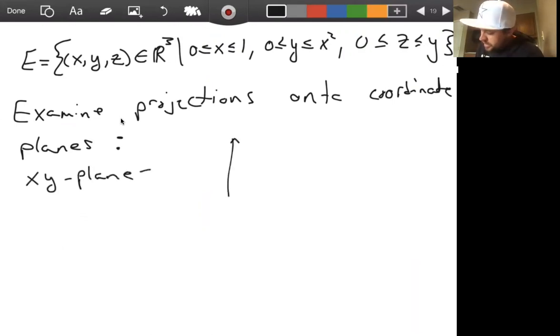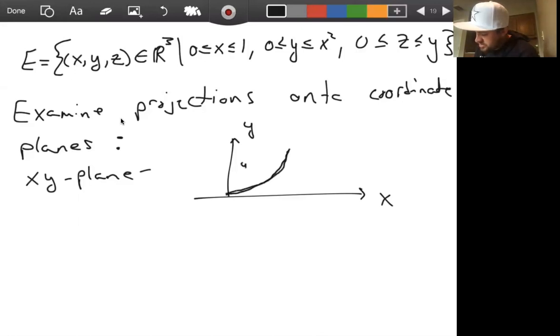In the xy plane, x is between 0 and 1, and y is between 0 and x squared. So we have the function y equals x squared, which is just your standard parabola. And then x is between 0 and 1. And so we have this picture here in the xy plane.